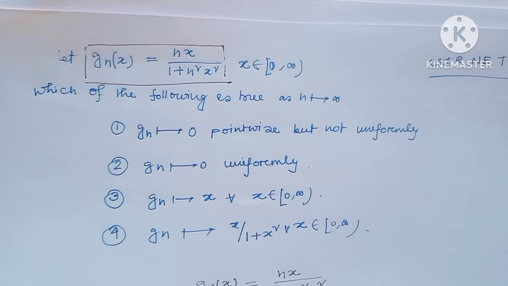Which of the following is true as n tends to infinity? Option 1, gn goes to 0 pointwise but not uniformly. Option 2, gn goes to 0 uniformly. Option 3, gn goes to x for x in [0, infinity). And option 4, gn goes to x over 1 plus x squared.